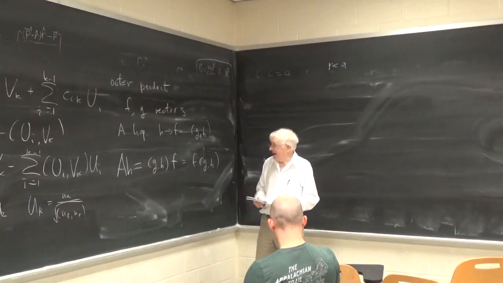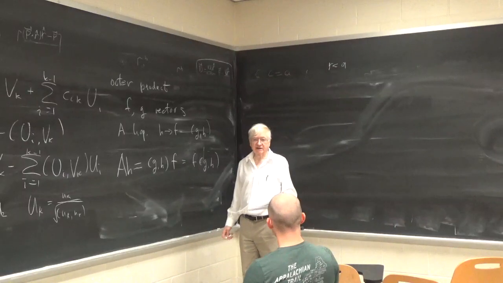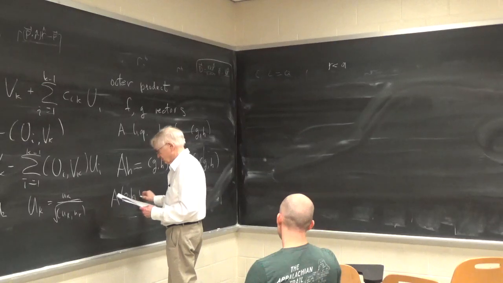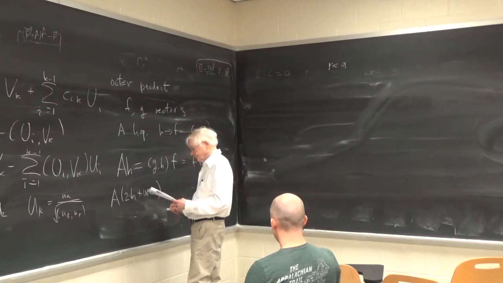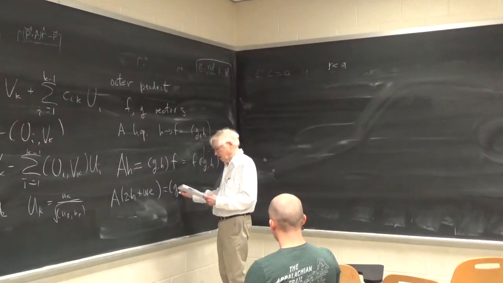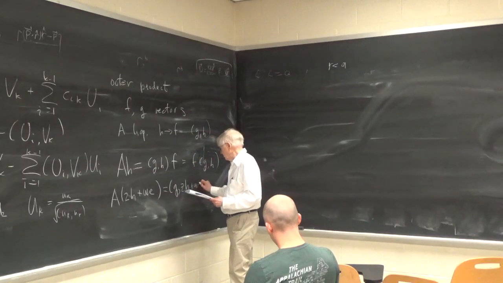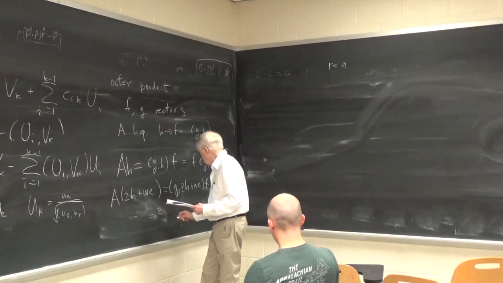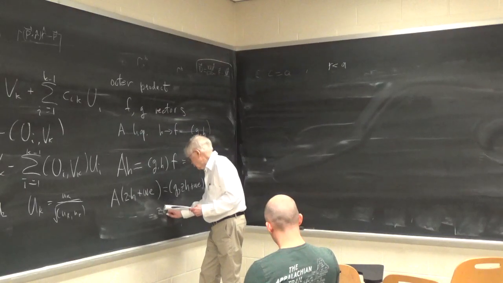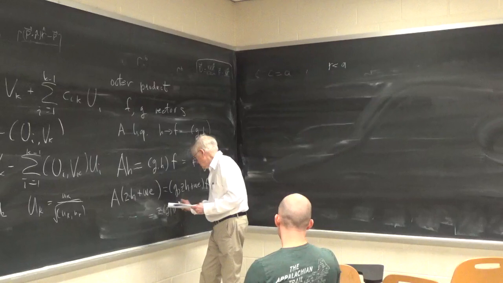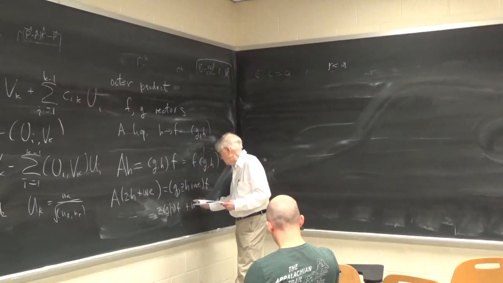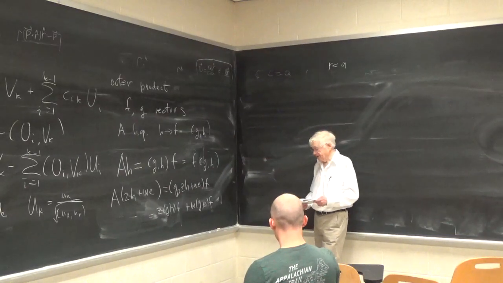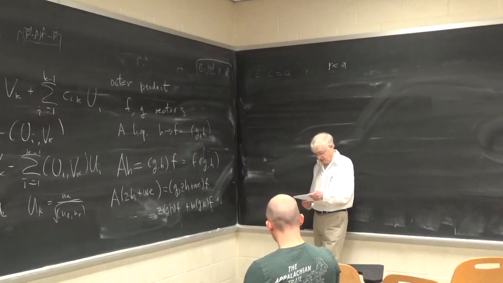Now this is linear because inner products are linear. So A on zH plus wE is (G, zH plus wE) times F. And so this is z times (G,H) F plus w times (G,E) F. So that shows that A is a linear operator.